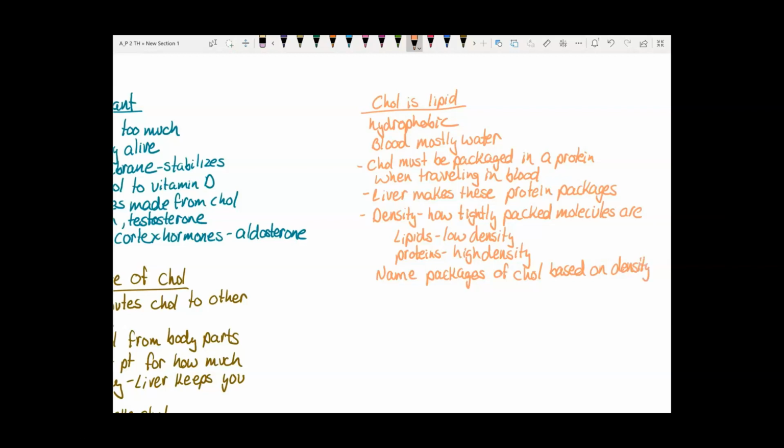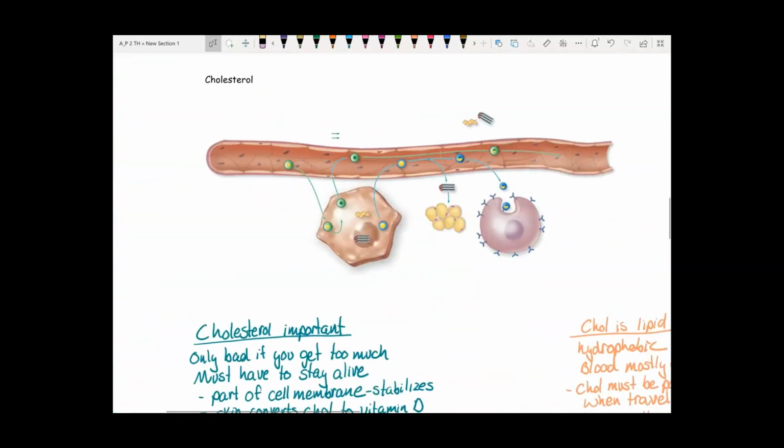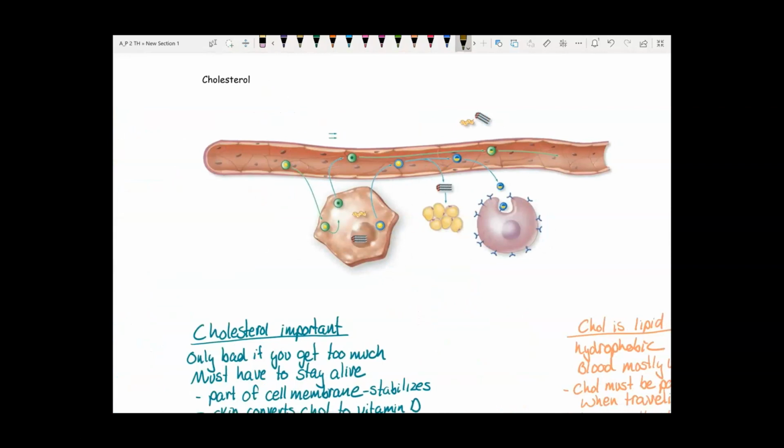Let's start looking at the picture now and labeling some things in here. So this is a liver cell. All the blue and green things with the yellow in the middle, those are the packages of cholesterol.